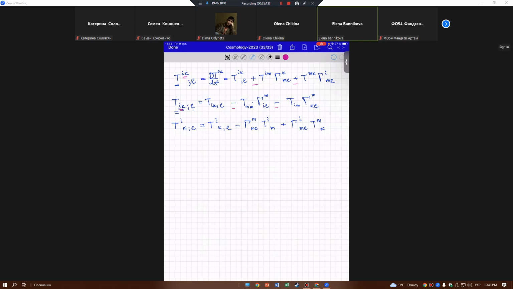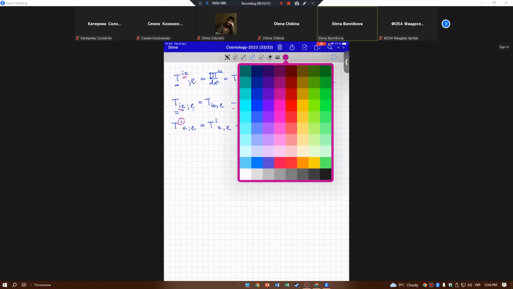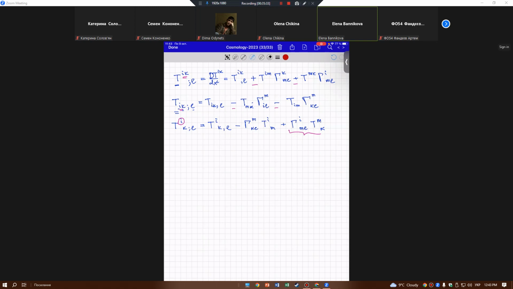If there is a mix, so here, for this index I, which is above, we need to use this summand, which is with a plus. And for this index, which is below, we use this summand, which is with a minus.